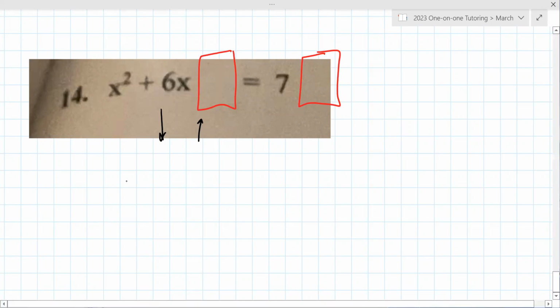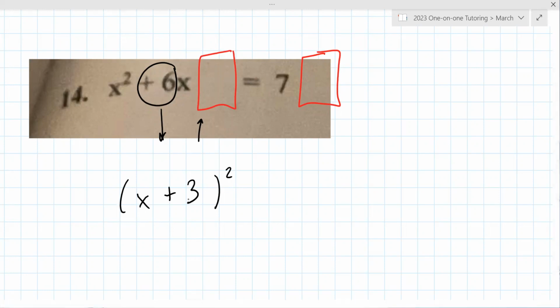So the number that goes in parentheses down here is based on this number in the middle. So it becomes x plus 3 squared. And then the number that goes back in the red is based on this number here.